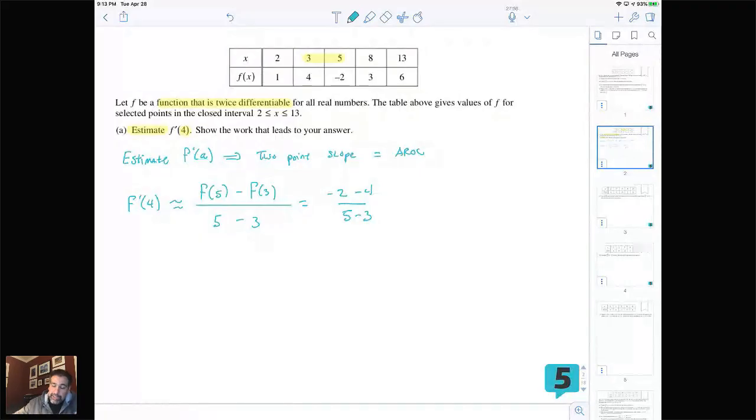You can leave it just like this, and you'll be completely correct, okay? Now, for those of you who can't resist, this is going to be -6 over 2, and that's going to take us to -3, okay? So in tabular problems, this is the most basic, the simplest problem they can ask you: approximating a derivative by using a 2-point slope, okay?